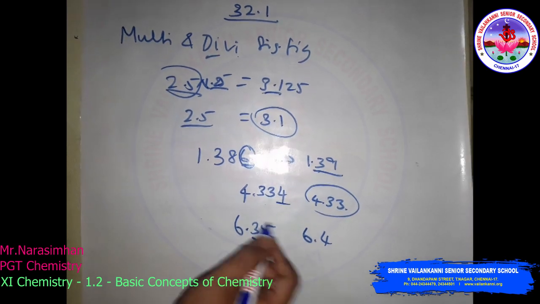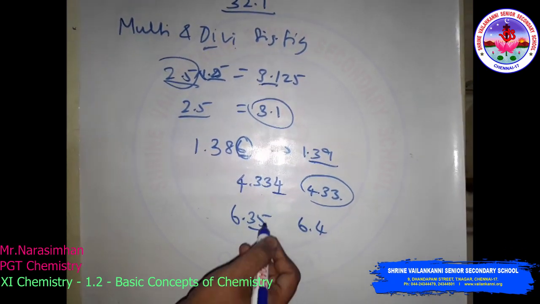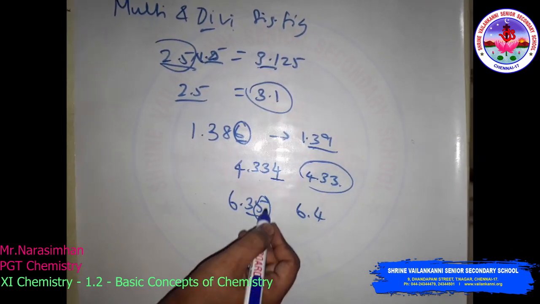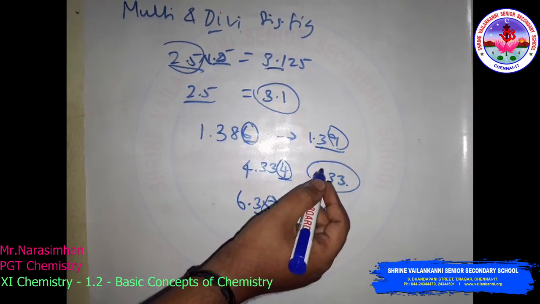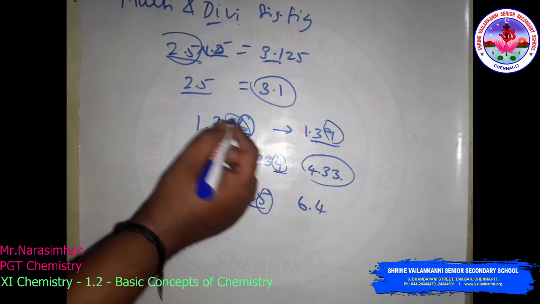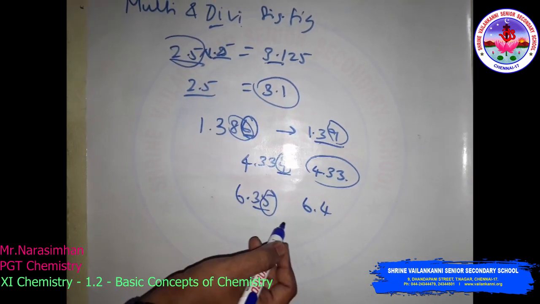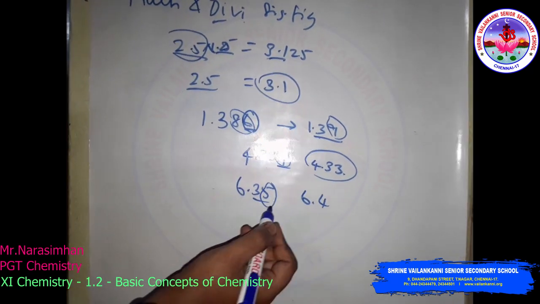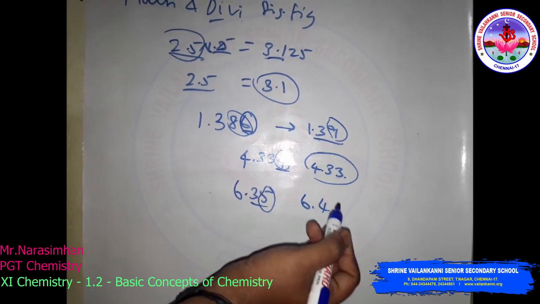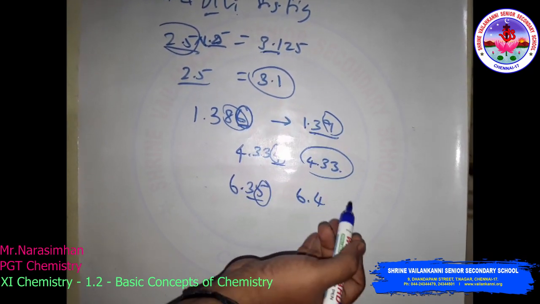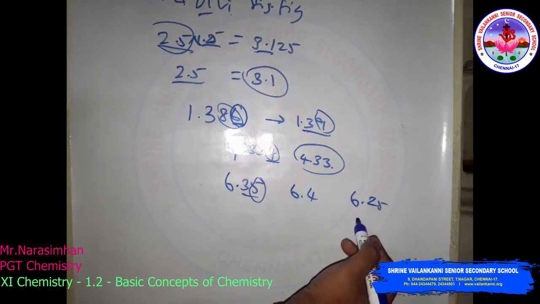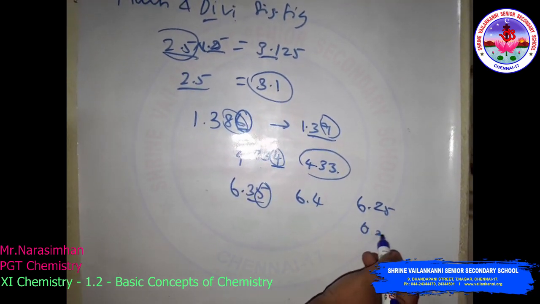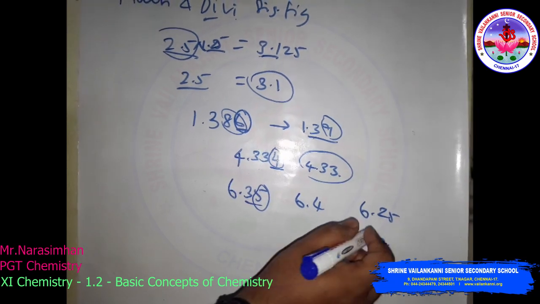Below 5 you follow one rule, above 5 you follow another, and 5 means you follow this one. The rounded value is 6.4. However, 6.25, the rounded value is what? 6.2. Okay, just this is enough.